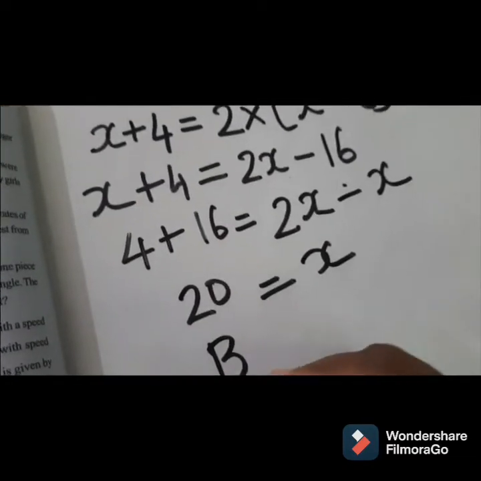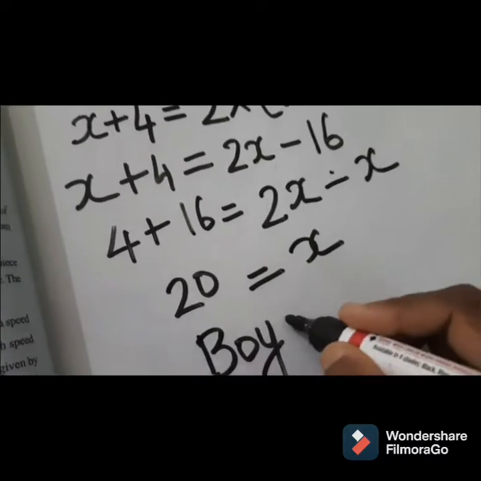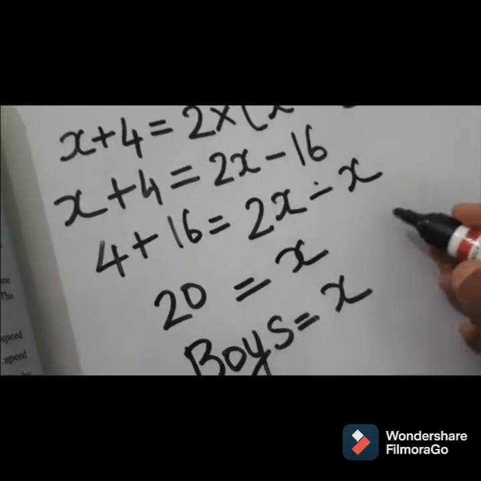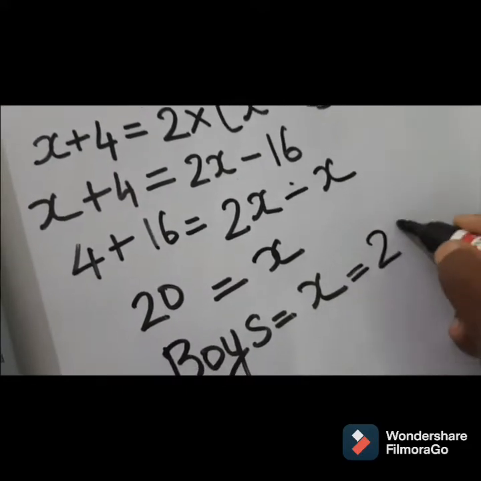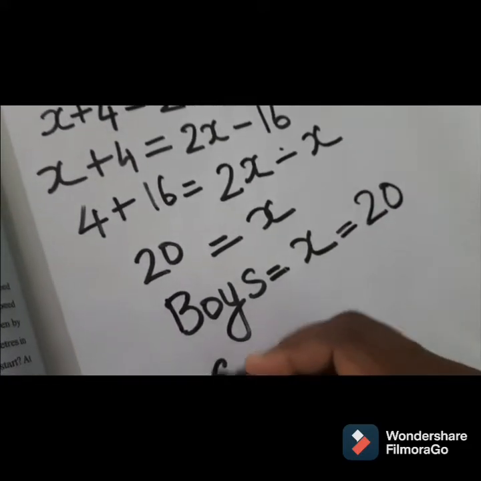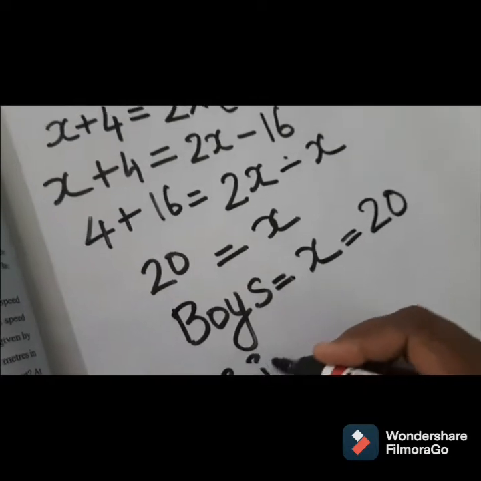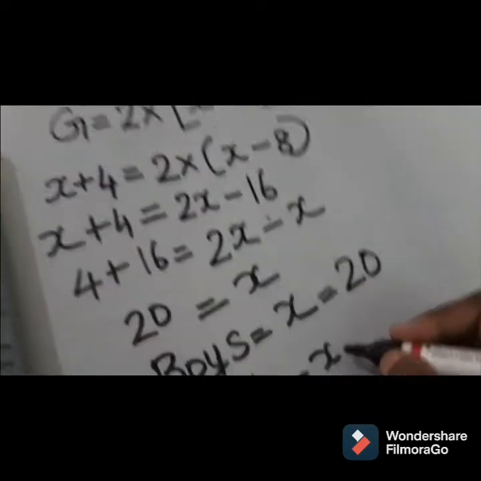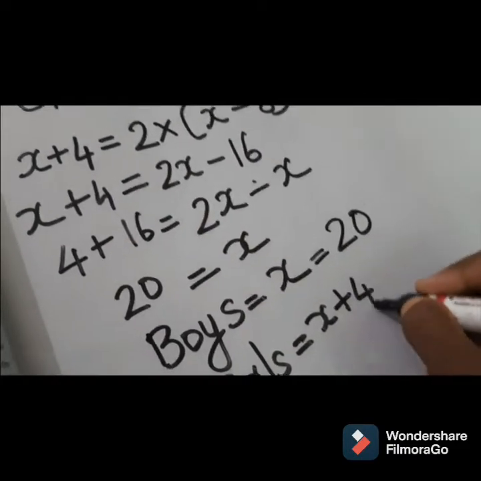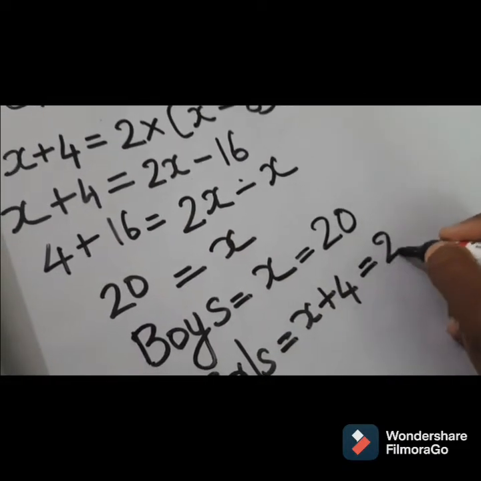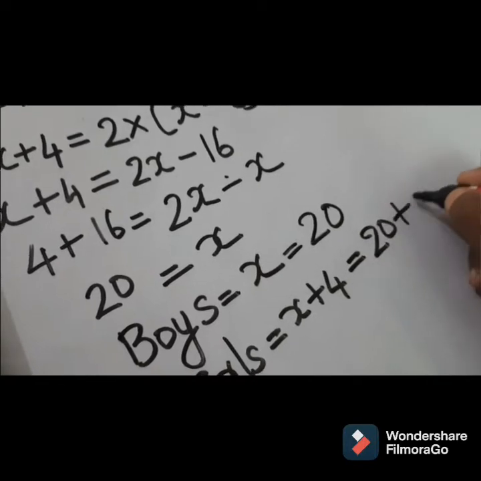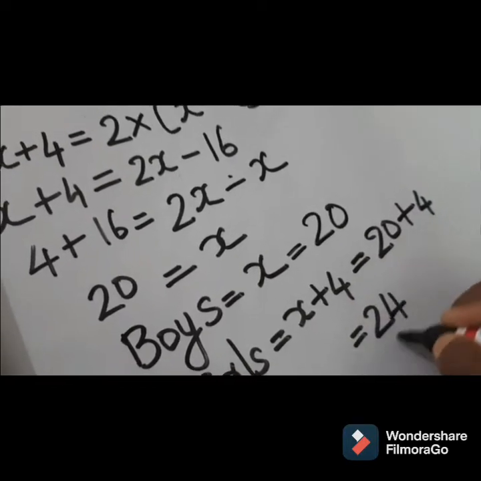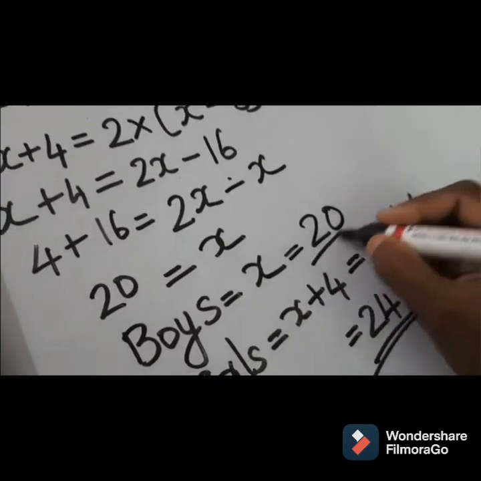Boys is x. So x is 20. Then what is girls? Girls, we know that x plus 4, that is equal to 20 plus 4, that is 24. Okay, this is the answer.